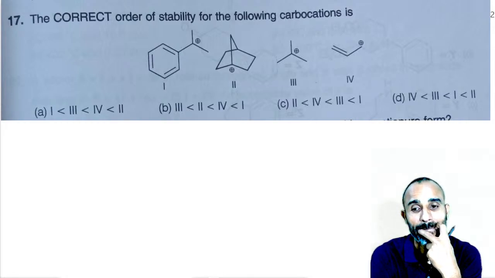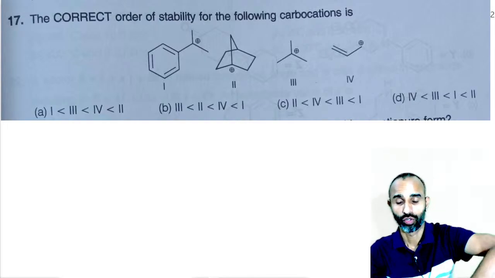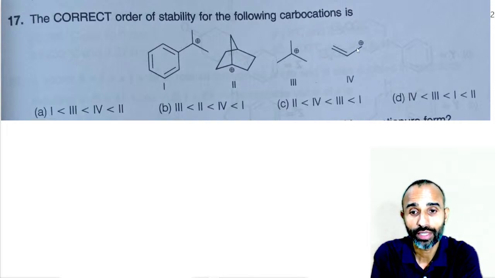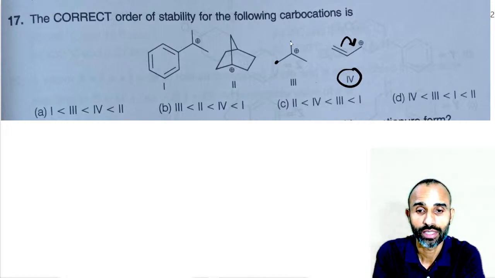See, the fourth one is resonance stabilized. In this case, it is tertiary. There are 9 alpha hydrogens.